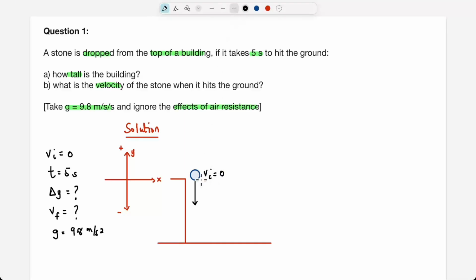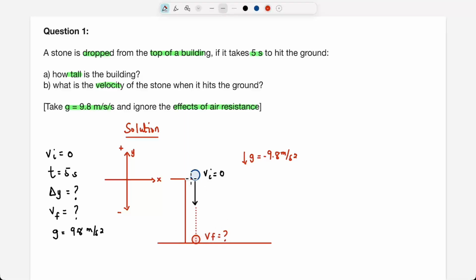And since the acceleration due to gravity is acting vertically downwards, so downward g, minus 9.8 meters per second squared, and the velocity vector is pointing in the same direction as the acceleration vector, the object is going to speed up until it hits the ground. Upon hitting the ground, it is going to hit with some final speed. Let's call that V final.